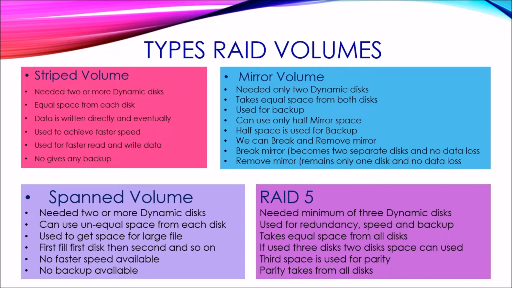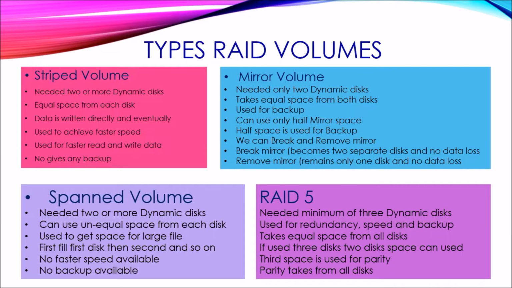Let's suppose we have taken 10 GB of space from one drive, we use 10 GB from each other drive. Data is written in parallel, and this type of volume is used to achieve faster speed, for faster reading and writing of data. But this type of volume gives no backup.